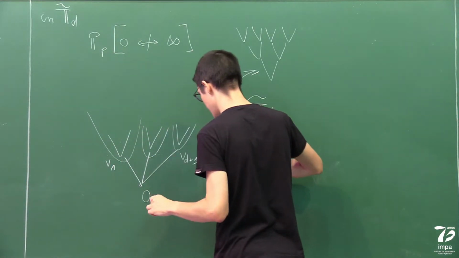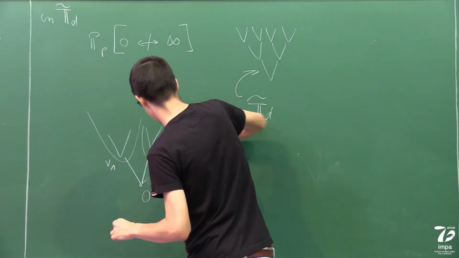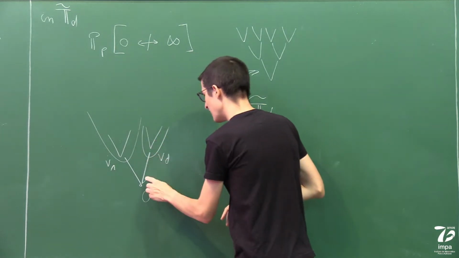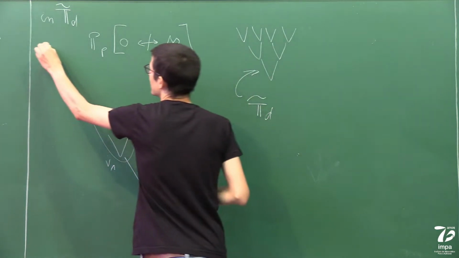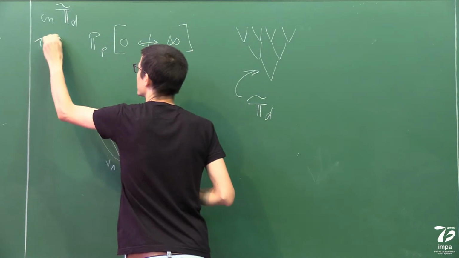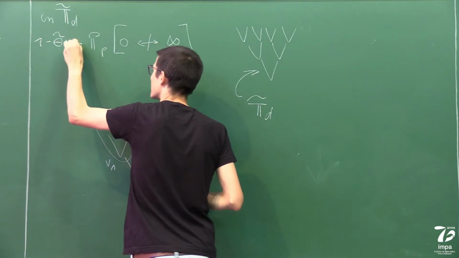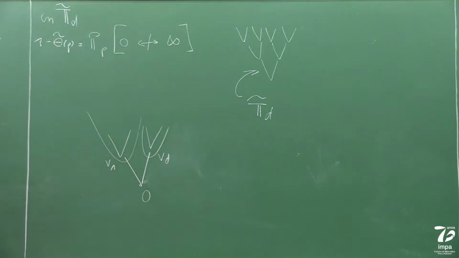So now, let's call it 1 minus theta p if you want. And once I've computed this, basically, I will be able to go back to the other tree.